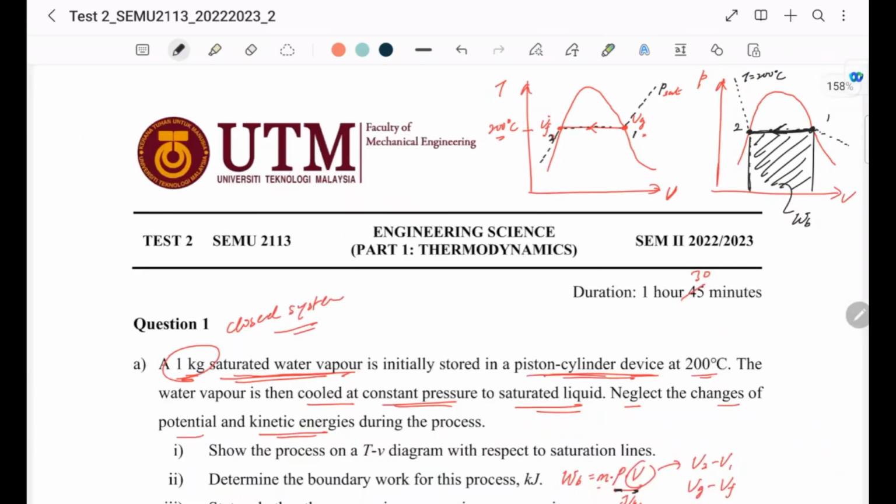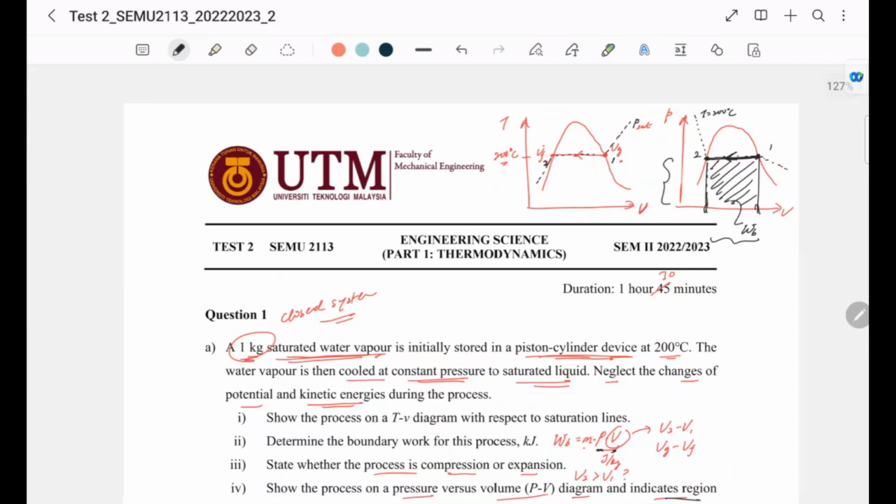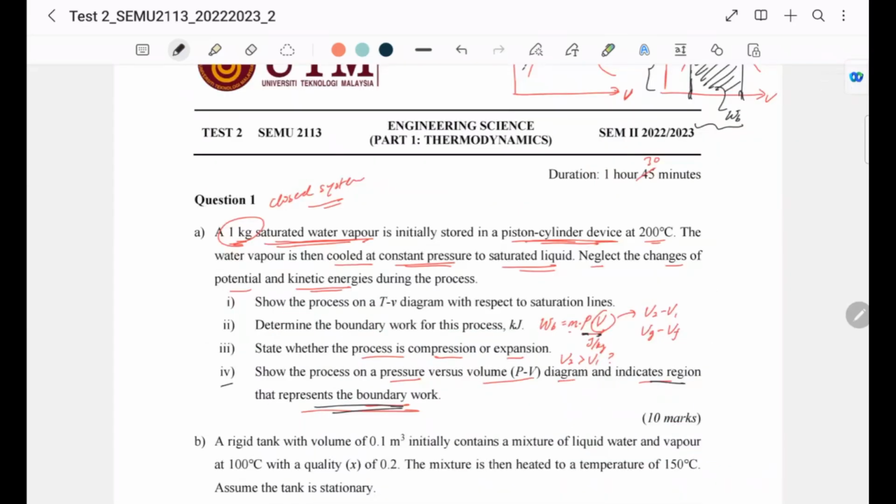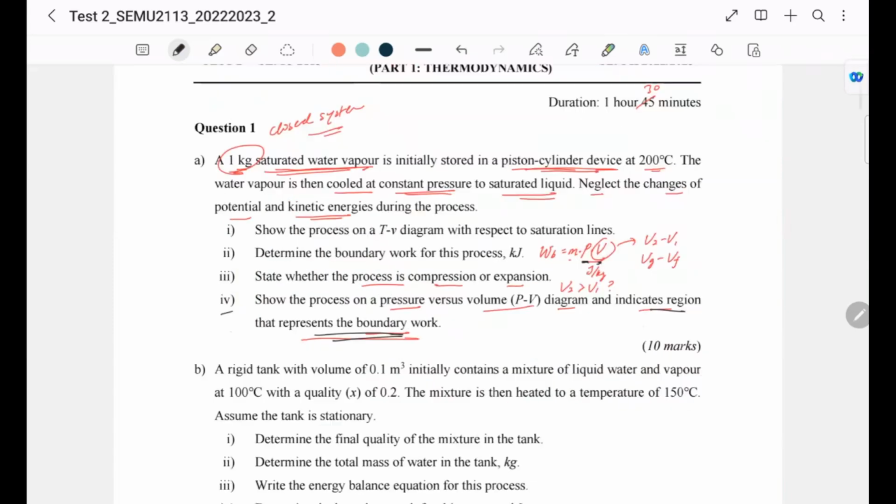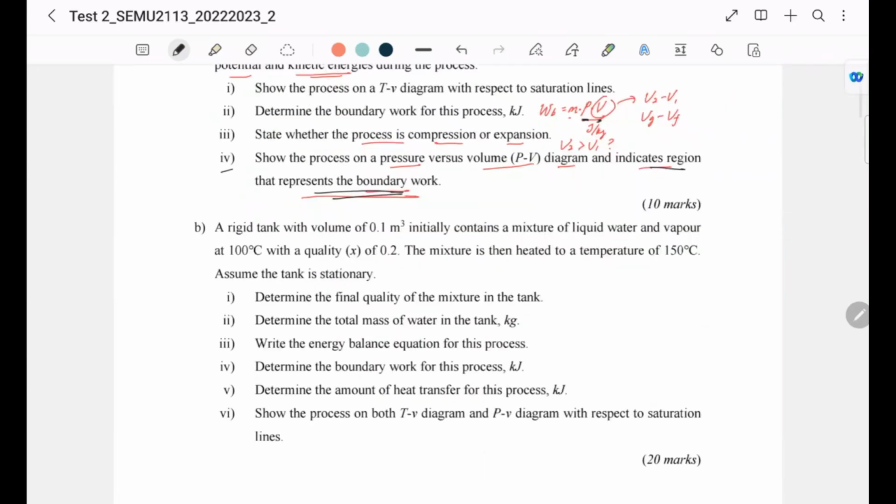It's the area under the graph, P times volume, right? This multiplied with this, that's basically the boundary work. So that's how we answer the question number 4. So that's part A.